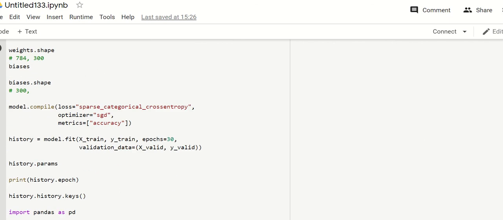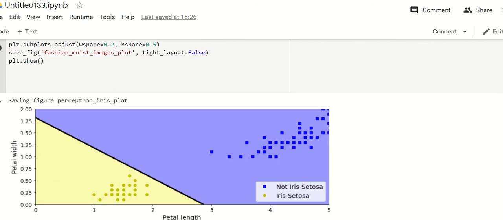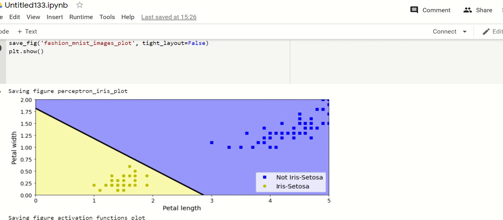This is the model but it'll come up later. So this is the deep learning on the iris dataset. Again, really clear demarcation between setosa and non-setosa classification, this time on petal width and petal length.